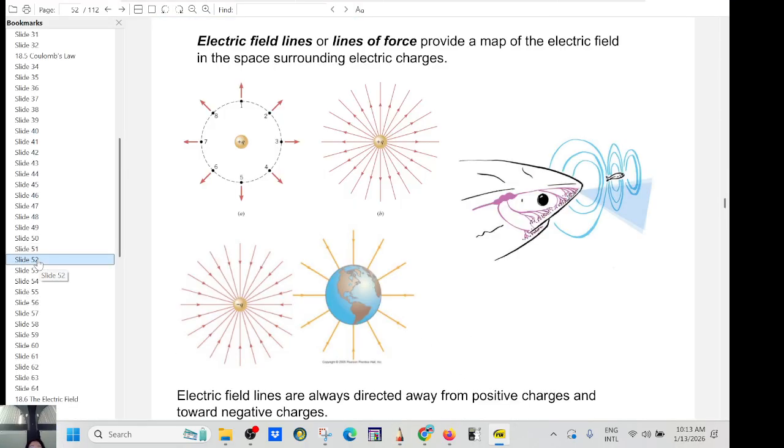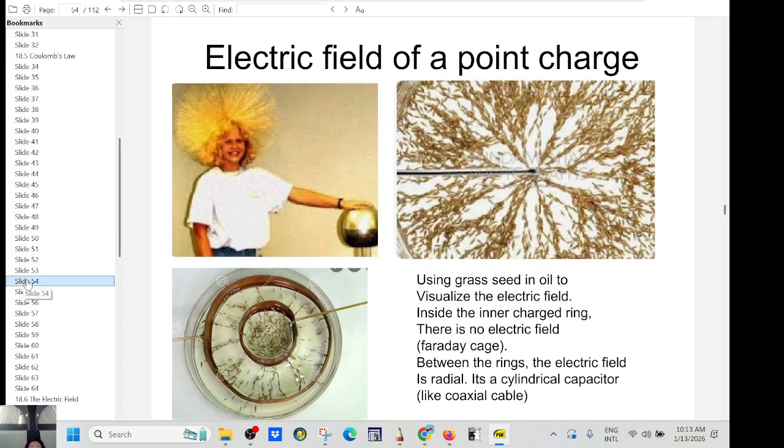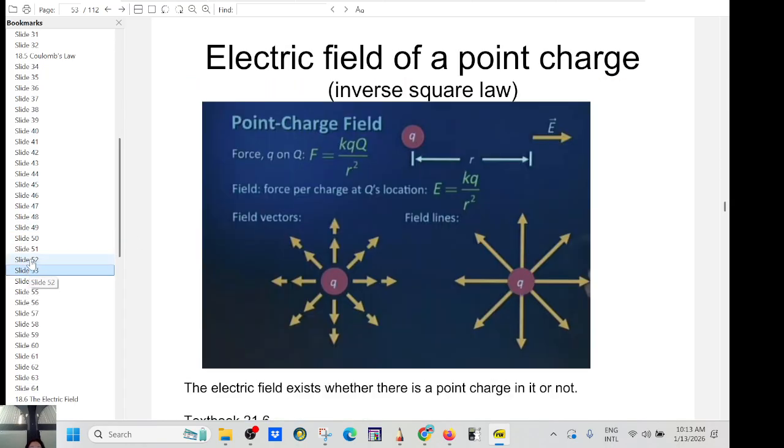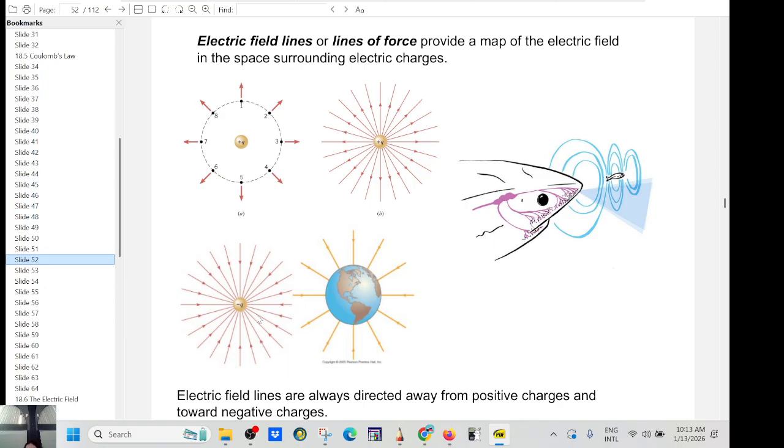So it turns out that if you take a negative charge, it will behave exactly the same way. It will create an aura. We call that aura an electric field. A negative charge is like a sink.